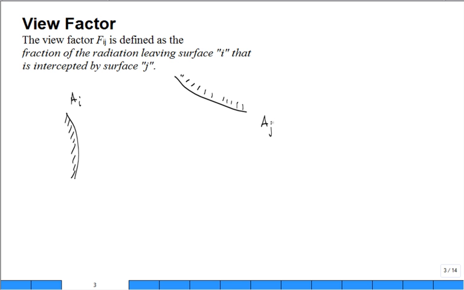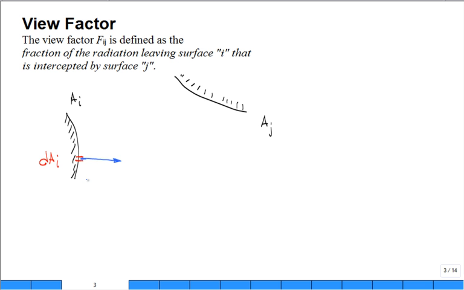Okay, so what we want to do is get the fraction of the radiation that leaves surface i. So what you do is say, I'm going to sum up over little segments of i. So consider little dA_i. And when you have defined that little dA_i, you characterize its orientation by an outward normal directed unit vector.